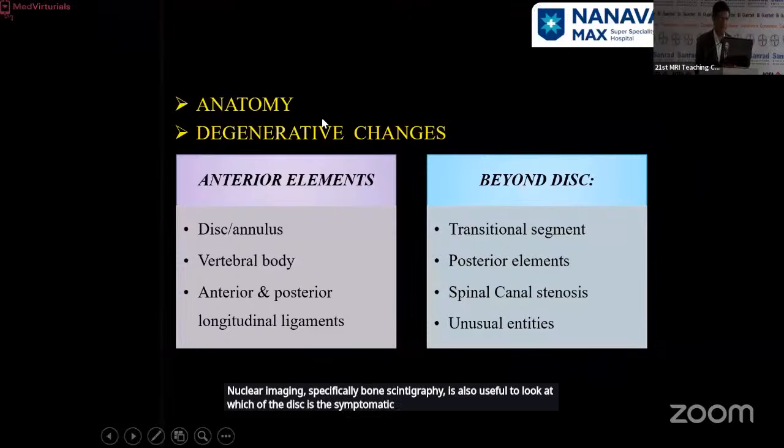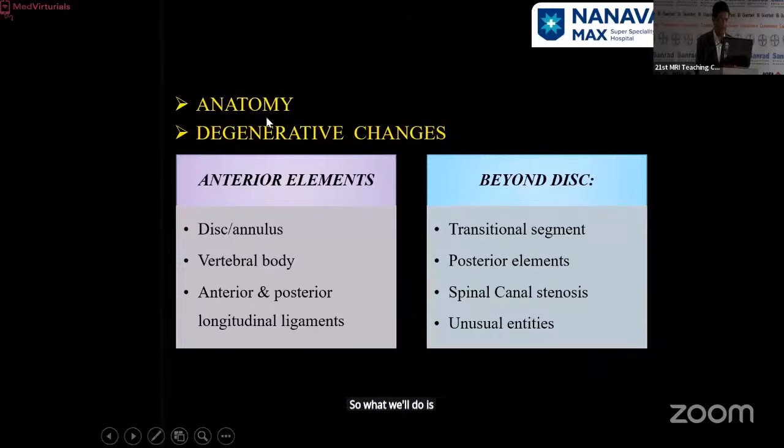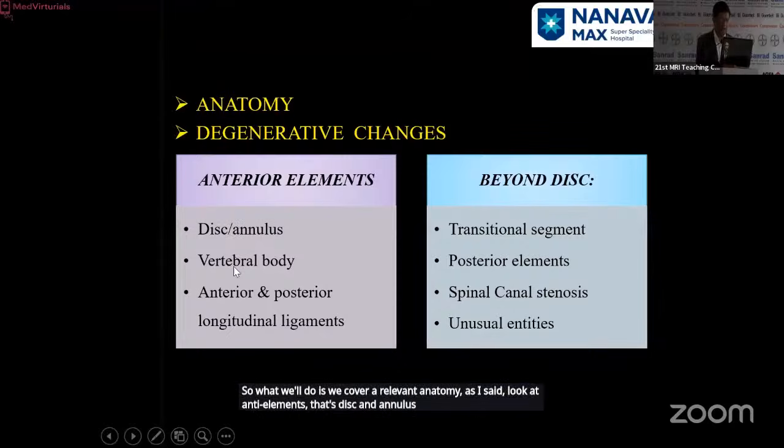So what we'll do is we cover the relevant anatomy, as I said, look at the anterior elements, that's disc and annulus, two vertebral bodies, that is degenerative end plate changes, and anterior and posterior longitudinal ligaments when they get thickened or ossified or calcified, how they cause canal stenosis.